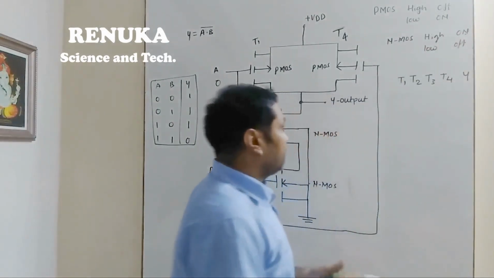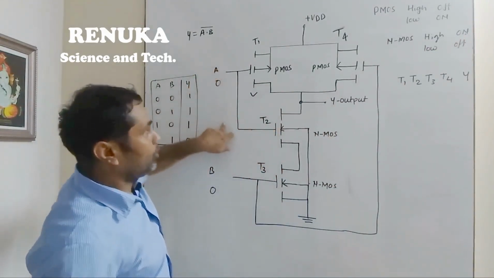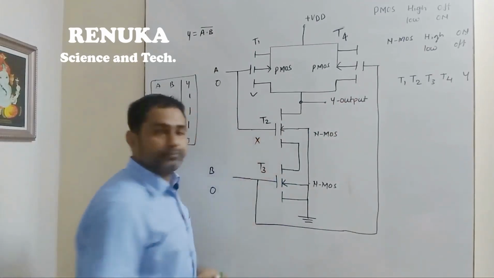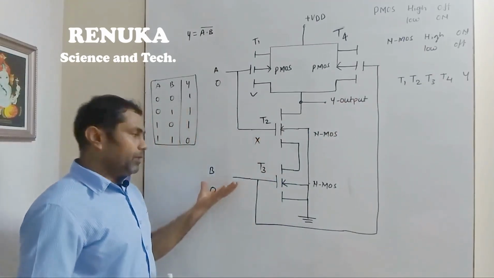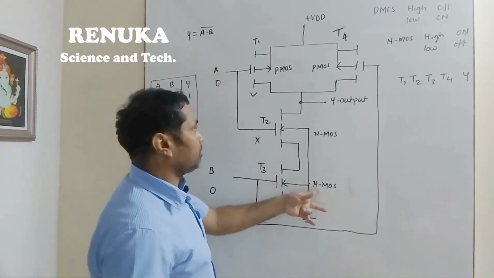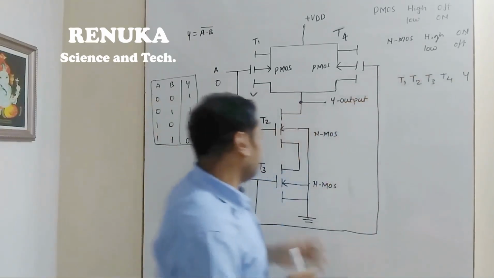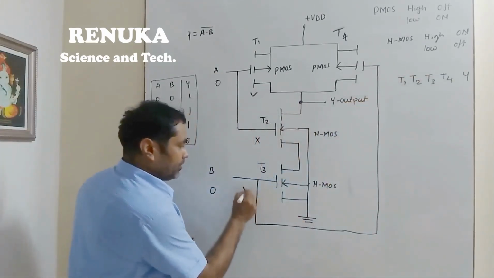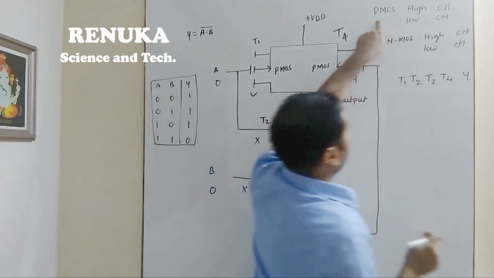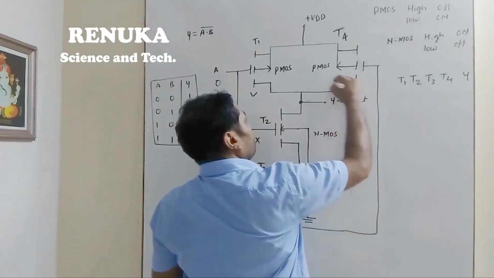So for this condition, the NMOS gate is connected to low, so T2 will be off. Input B is connected to T3, an NMOS, and low is the input, so the device will be off. So T3 will be off. The same 0 is connected to the PMOS; the PMOS is connected to low, so this PMOS will be on.